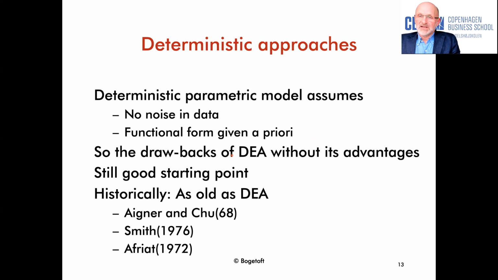So you can say to some extent that it has the drawbacks of the DEA because it doesn't acknowledge noise, pure random events, but it doesn't have the advantage of having a very flexible structure. But it's an interesting starting point, and historically it's also the first type of parametric frontier models that was proposed. And I'm going to cover a few papers here, just to give you an idea of how to think of it.